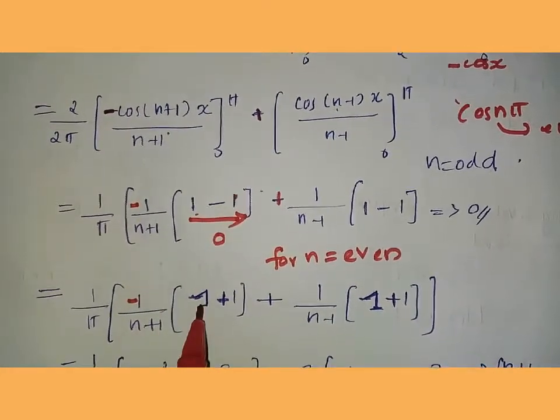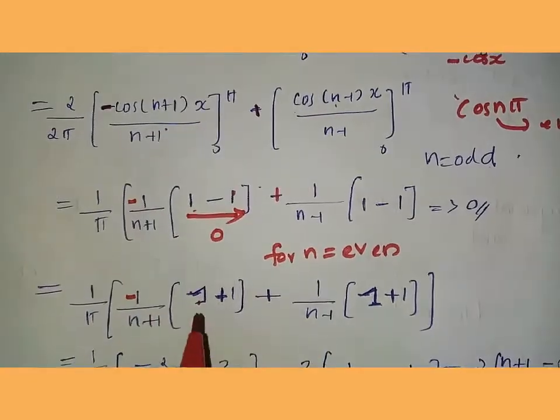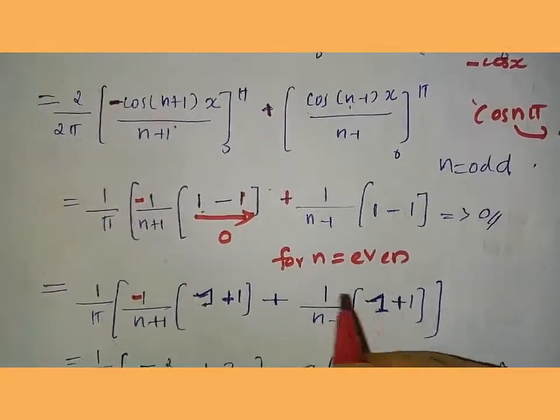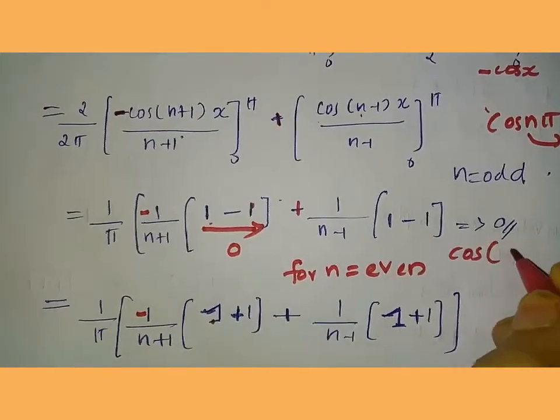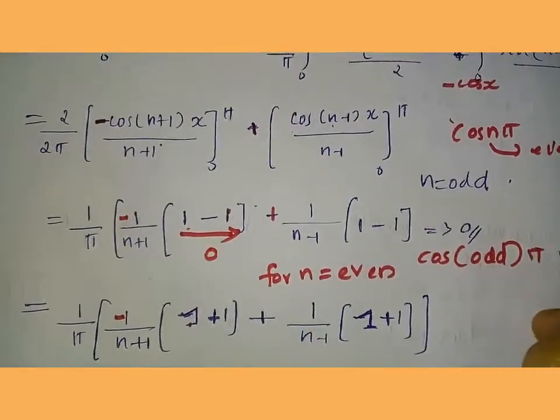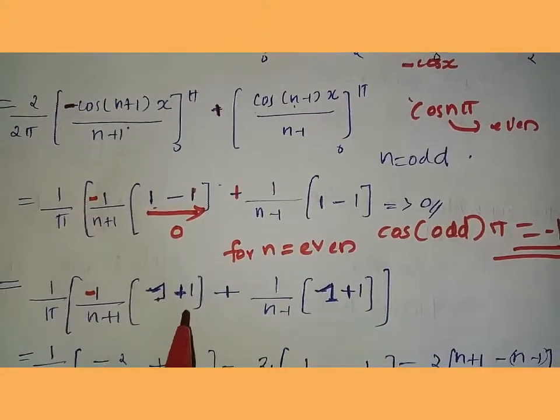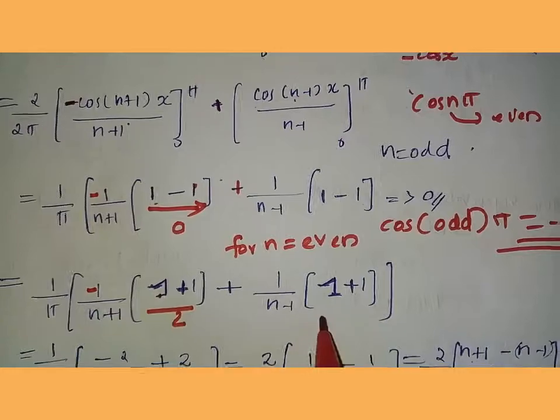Cos 0 is 1 and cos of n plus 1, for n even, n plus 1 is odd. So cos of odd pi is minus 1. So minus of minus 1 is plus. So we get here 2.